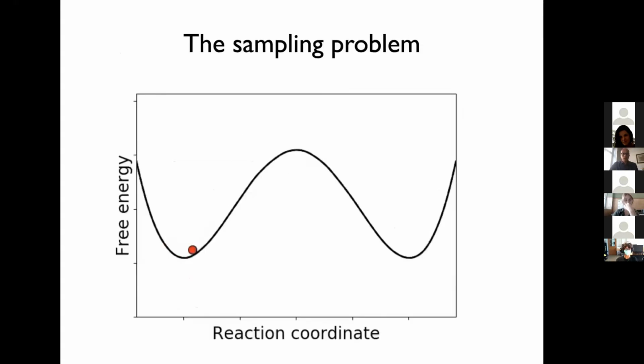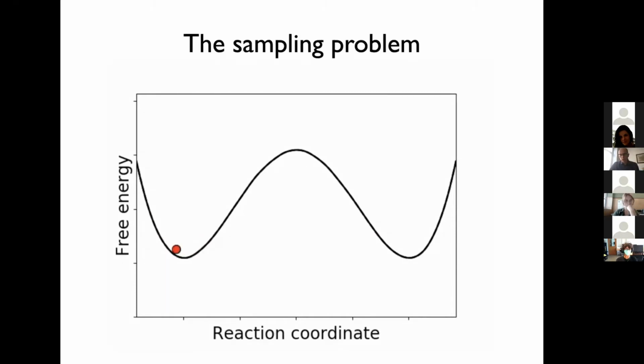So here's a schematic of what could happen. Here we just have a free energy. This is a toy system that my PhD student made. It's just a Brownian motion in a double well potential, and you see that you need to wait very long. If you know your statistical mechanics, then you know that at some point this red ball will move to the other side and sample the other side.